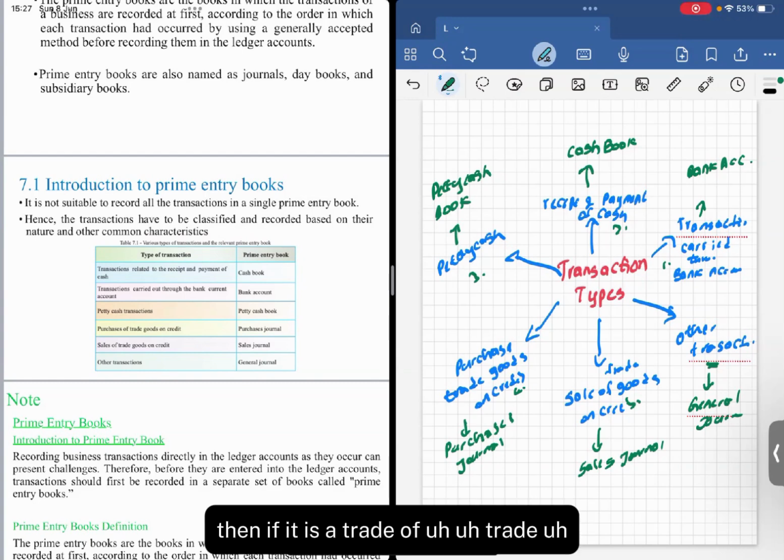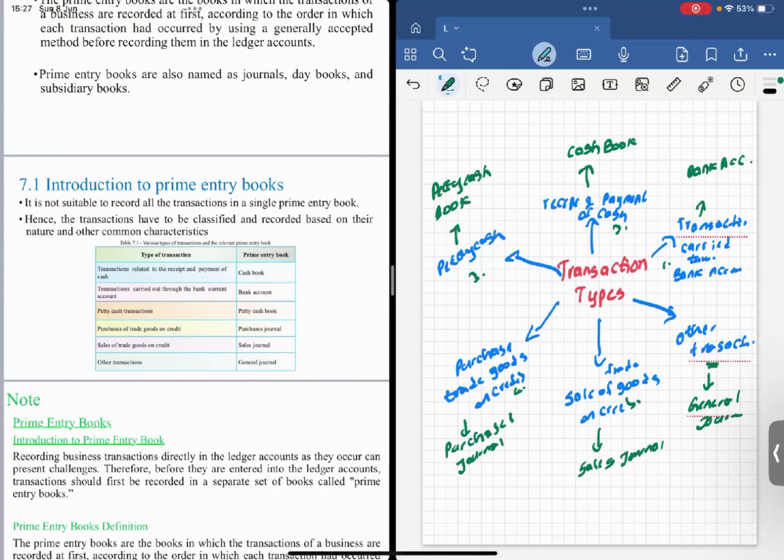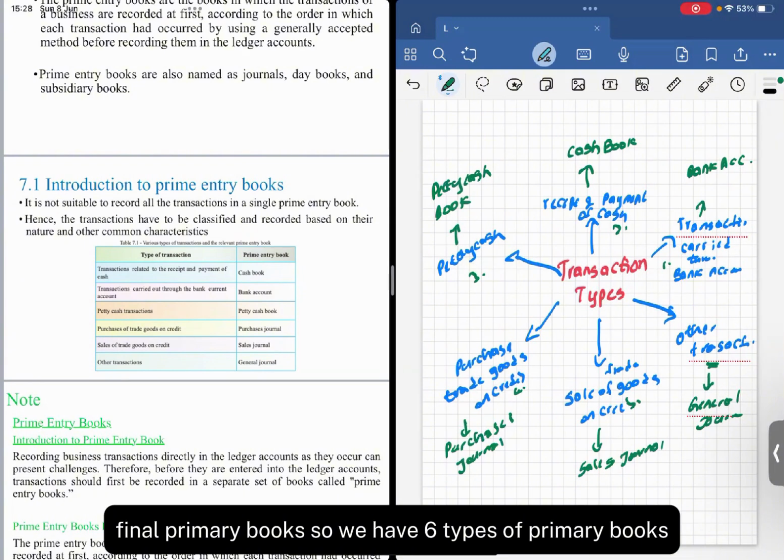Then if it is a sale of trade goods on credit, then we record it in sales journal. Sales journal is the prime entry book. And if it is some other transaction, we record it in the general journal. Okay, general journal is the final prime entry book. So we have 6 types of prime entry books.